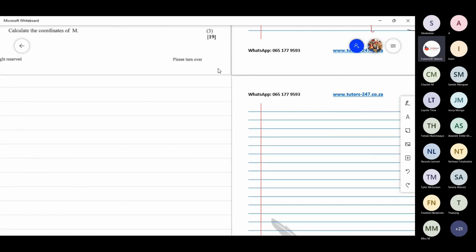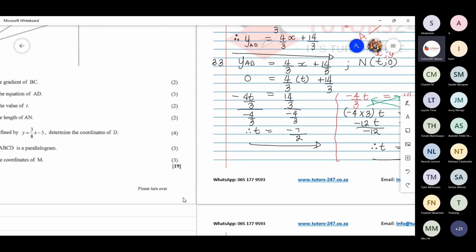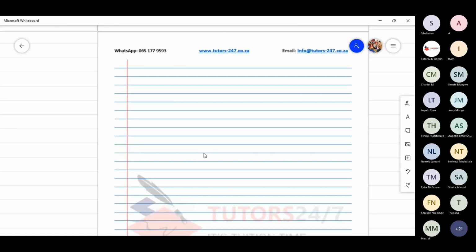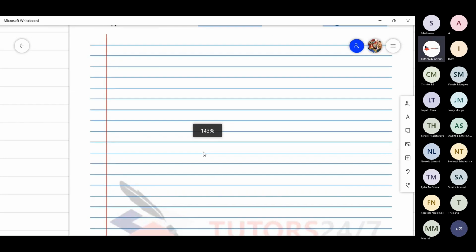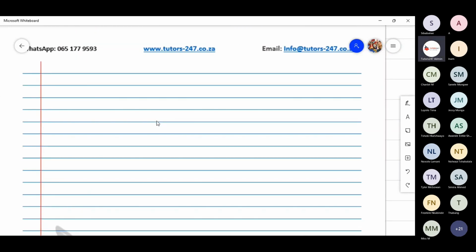Okay, so question 3.4. So we now need to calculate the length AN. If we want to calculate the length AN, we know that we are given the coordinates A, which is -2 and 2, and N, which we previously calculated as, I believe, -7/2.